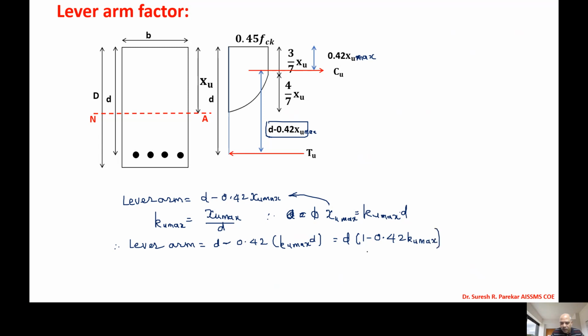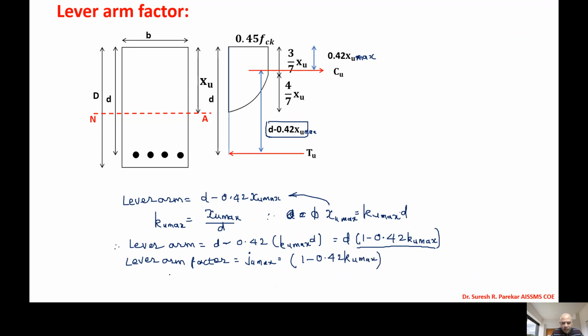And this is your lever arm factor, generally denoted by Ju max, which is equal to 1 minus 0.42 Ku max.